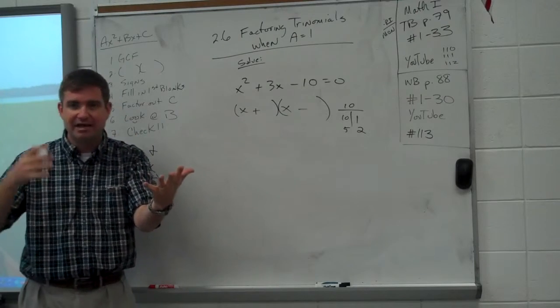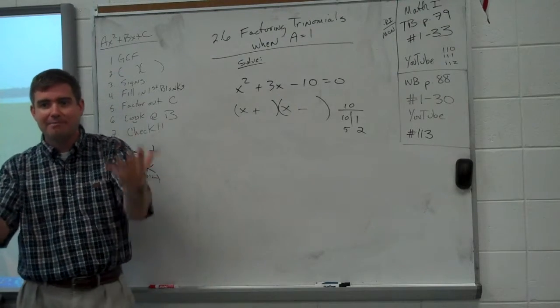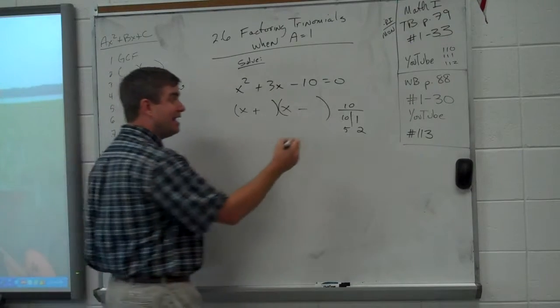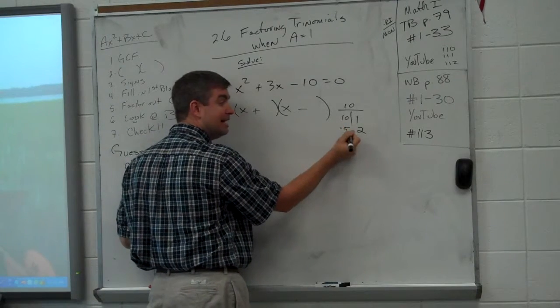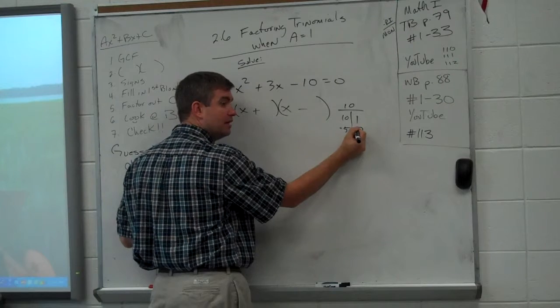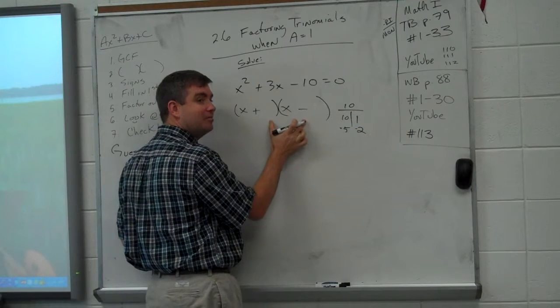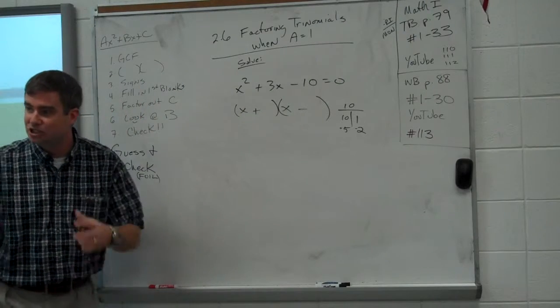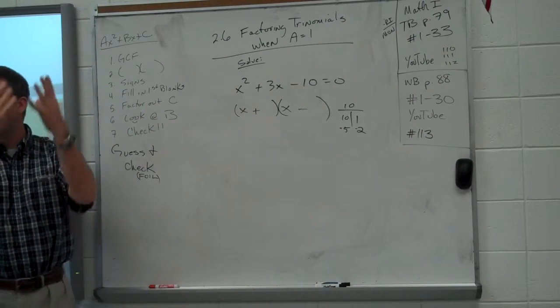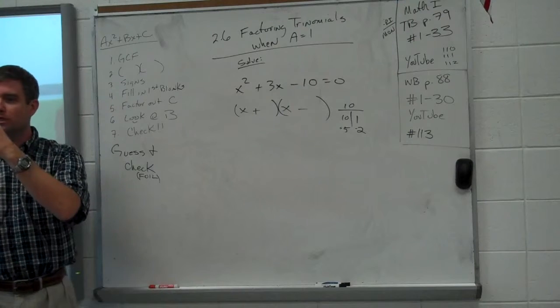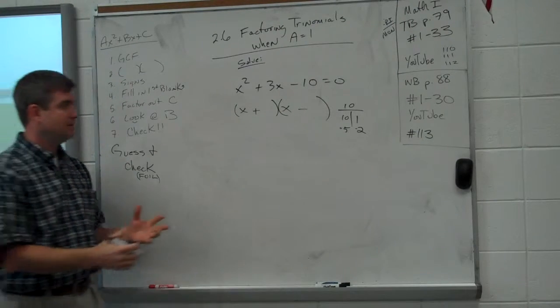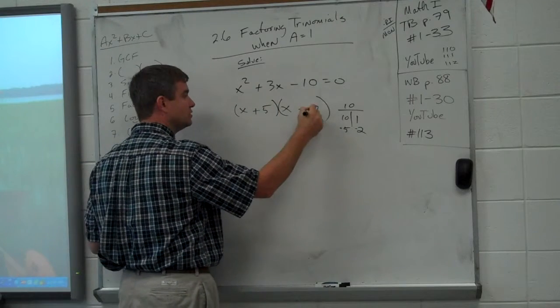The 5 needs to be positive, and the 2 needs to be negative. That should tell me where the 5 is going to go and where the 2 is going to go. I don't just plug them in randomly. I put the 5 here and the 2 here.